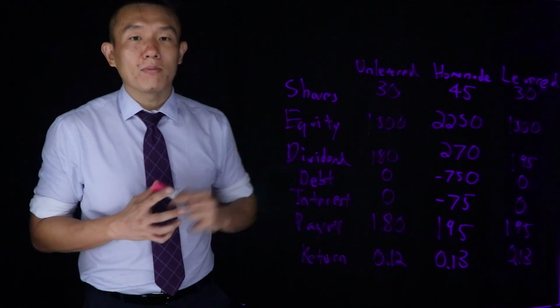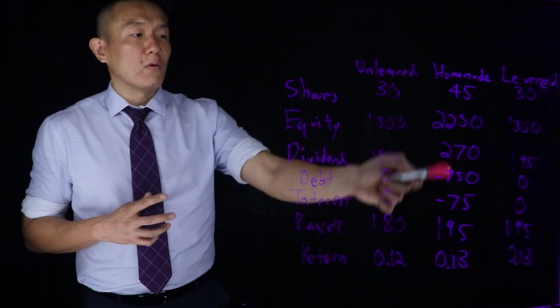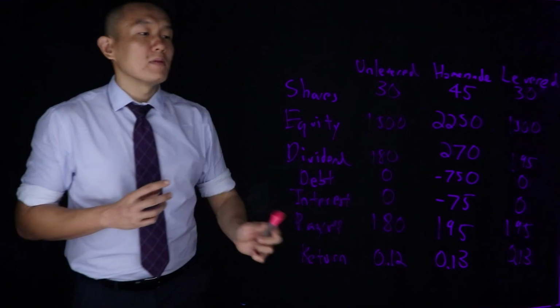If the firm can borrow money to buy more shares, so can the individual, and we've shown that they can replicate exactly the outcome.